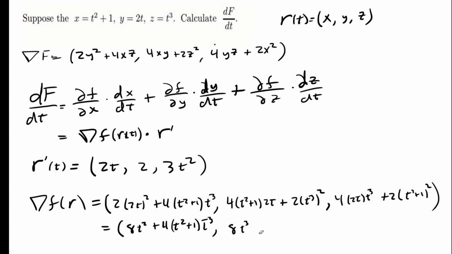I can simplify that a little bit. t cubed plus 8t plus 2t to the 6th. And here we have 8t to the 4 plus 2t to the 4 plus 4t squared plus 2.